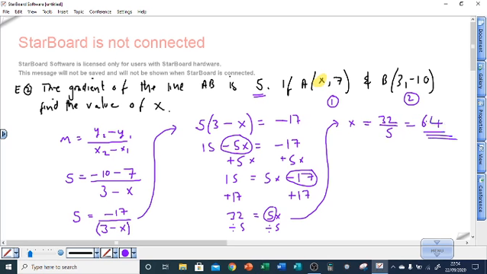So I have found the value of x that makes the gradient 5, and it all stems from using this formula again. Those are two examples I've just shown where the gradient formula is going to be used or could be used.